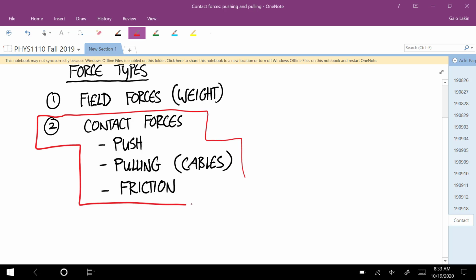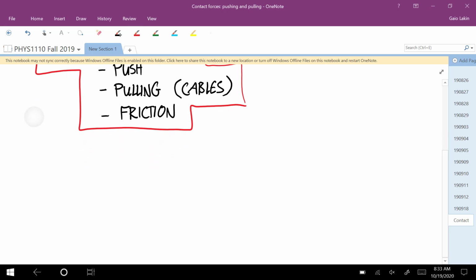Okay, so we're talking about the contact forces now. We've already talked about how to deal with the weight. That's easy. That's just 9.81 meters per second squared times the mass of the object. Now we're dealing with the contact forces. For the contact forces, the first type is a pushing contact force. So what does it mean for two objects to be pushing on each other?